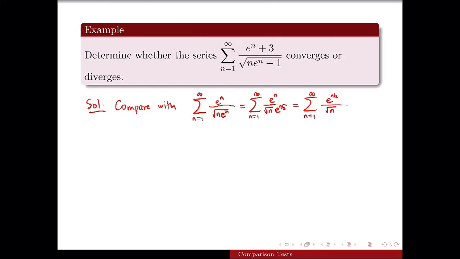Now, for all n greater than or equal to 1, 1 is less than e raised to n over 2. Agree?